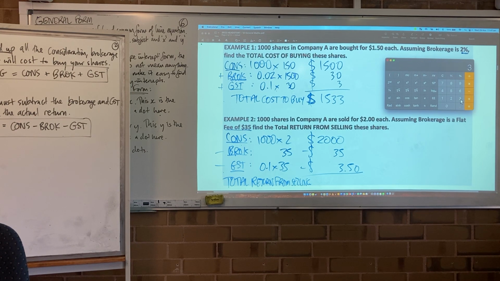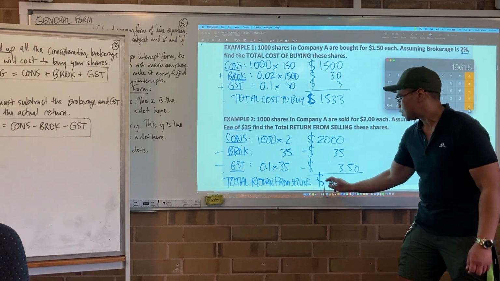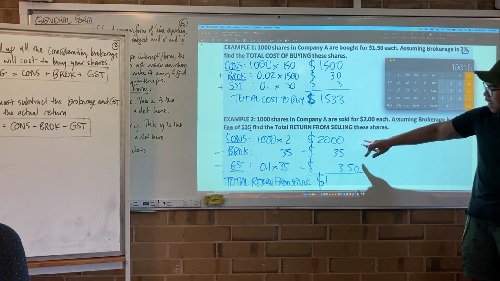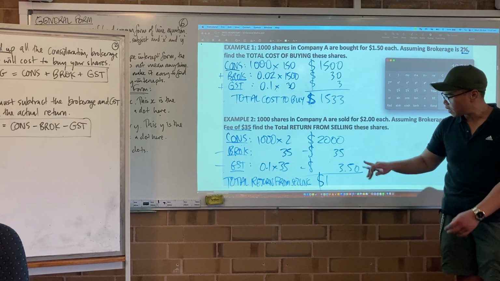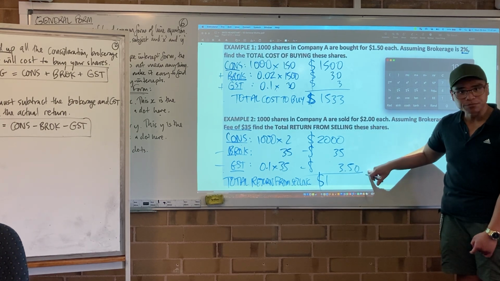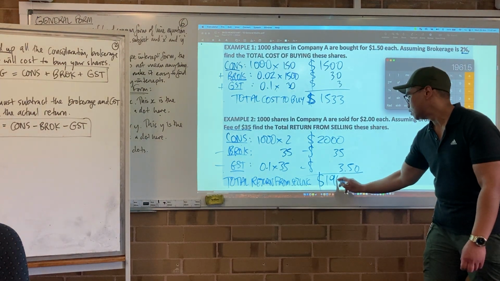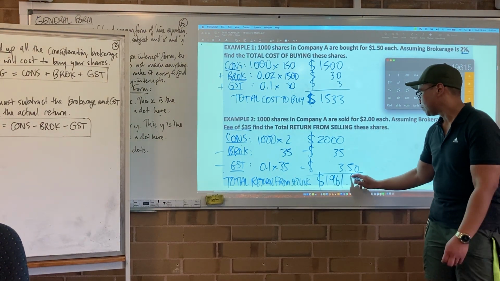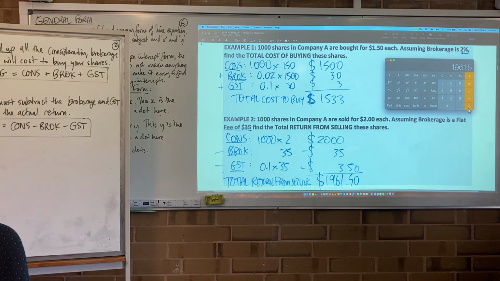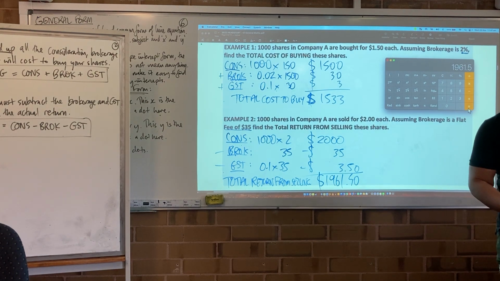Take 3.5. So you can see, I'm not getting as much as I thought I was going to get because I can't do it myself, and the government takes a cut. That's why it's less. $1,961.50 total return from stock. That's a good portion of your DI and first test in shares next year. Okay? I'll stop the video there.